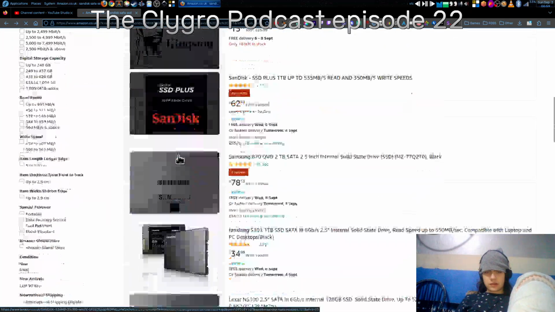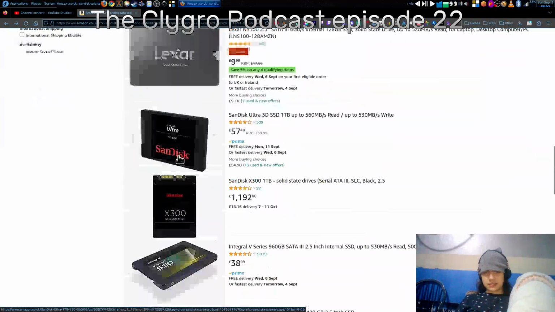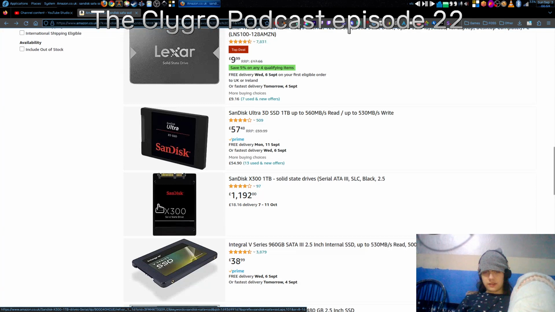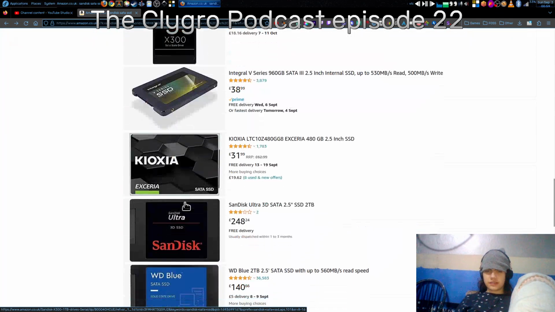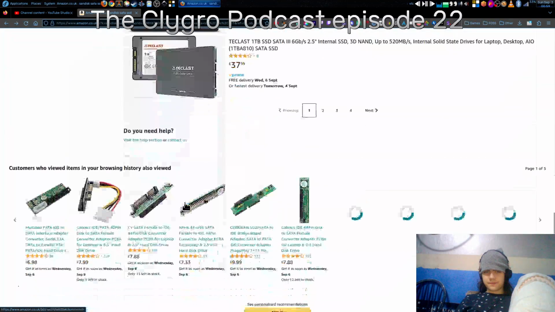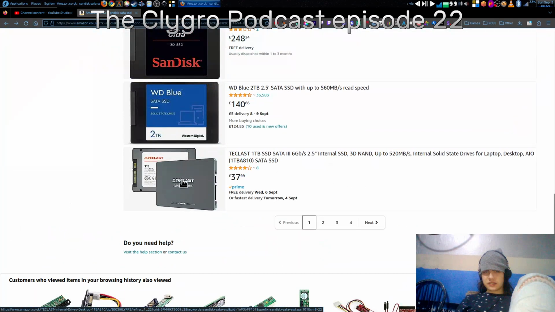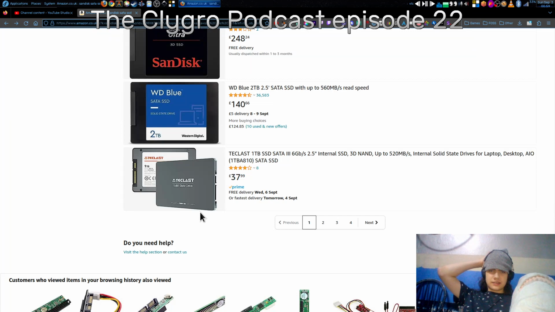And then there's a 3D SSD. We've got this one, but that's like proper premium. Why is it 1,200 quid? Don't ask me. We've got WD Blue SSDs. I don't get that. It seems quite expensive for a 2 terabyte.